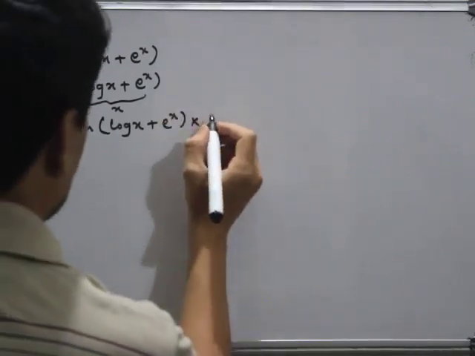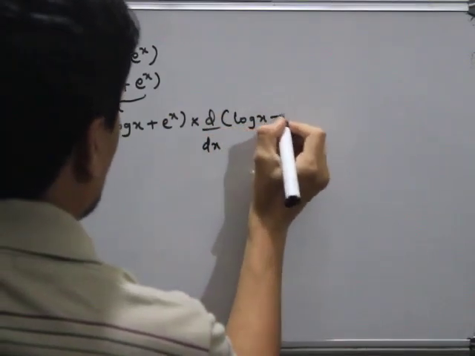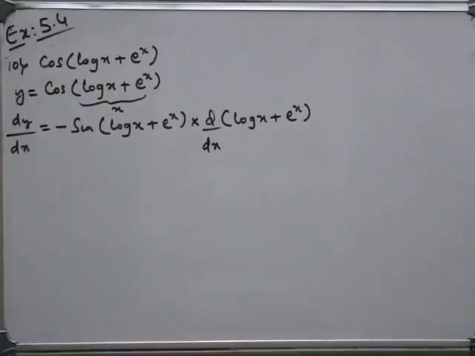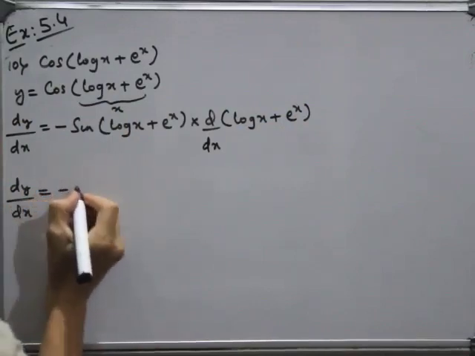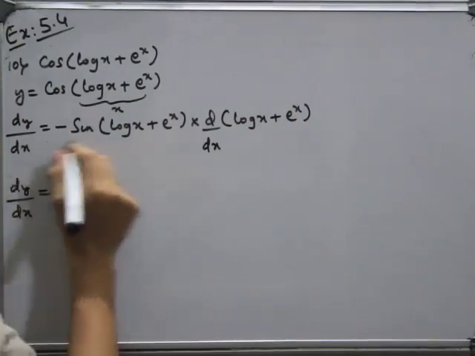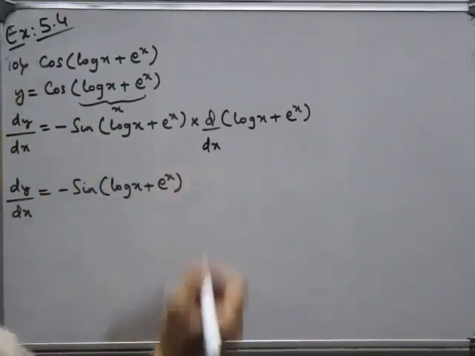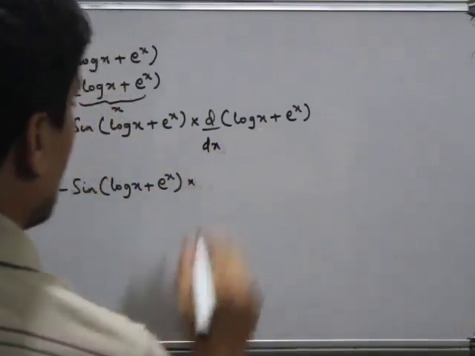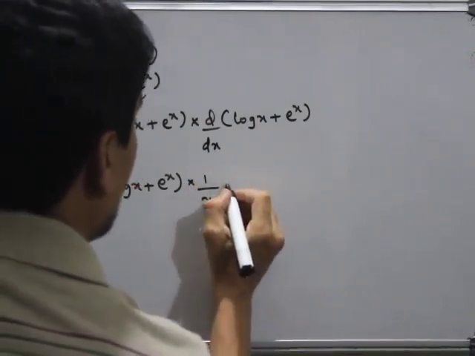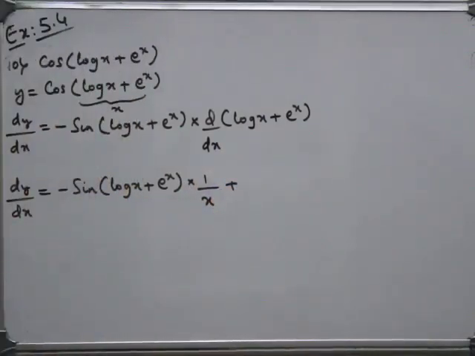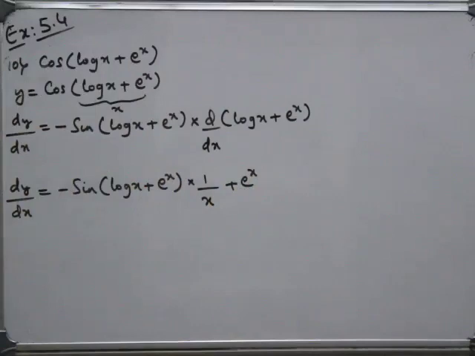So let's complete this. Dy by dx is equal to minus sine of this function, which you write as it is, log x plus e to the power of x, into differentiation of log x plus e to the power of x. Differentiation of log x is 1 by x plus differentiation of e power x, which is e to the power of x.